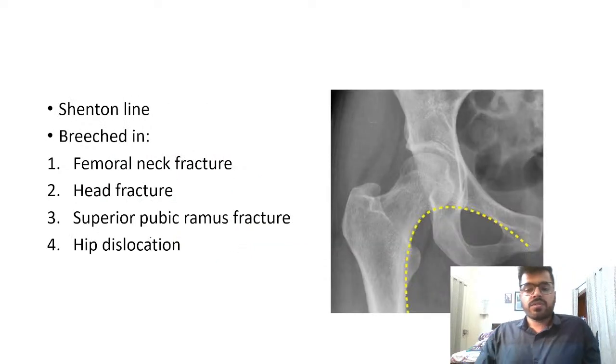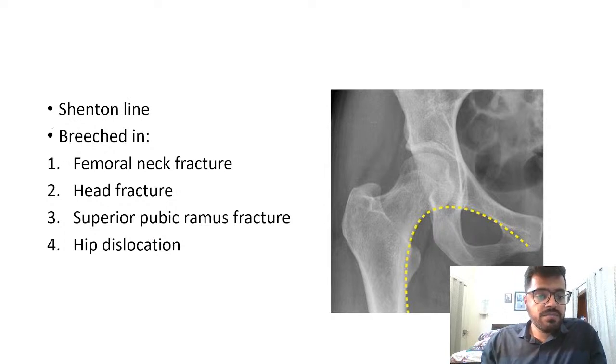Shenton's line is a radiological parameter seen on the AP X-ray. We draw a continuous line from the medial cortex and the calcar of the femur along the head and neck of the femur, and then along the inferior border of the superior pubic ramus.